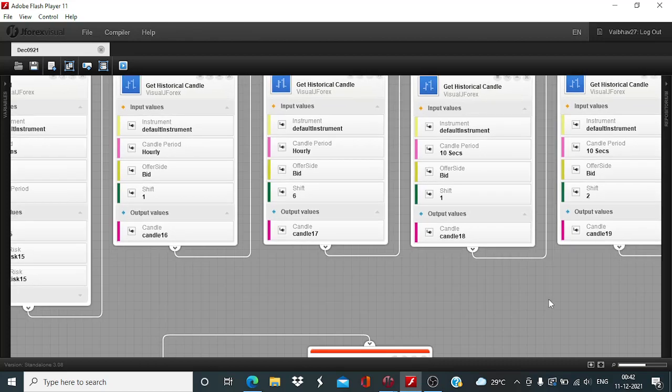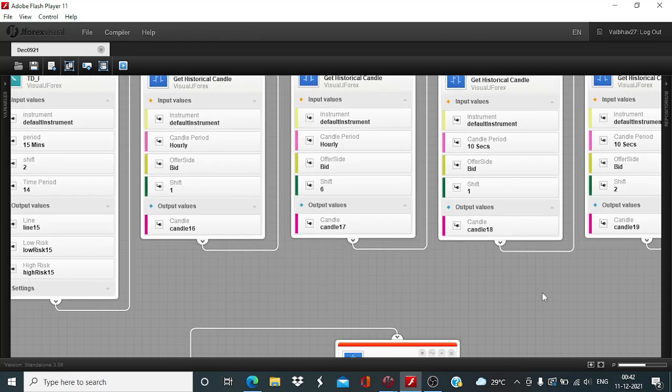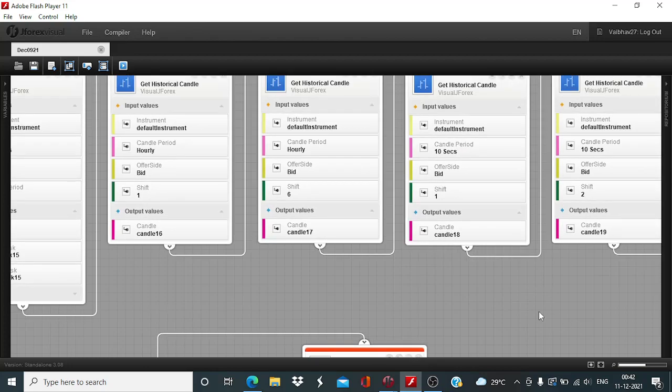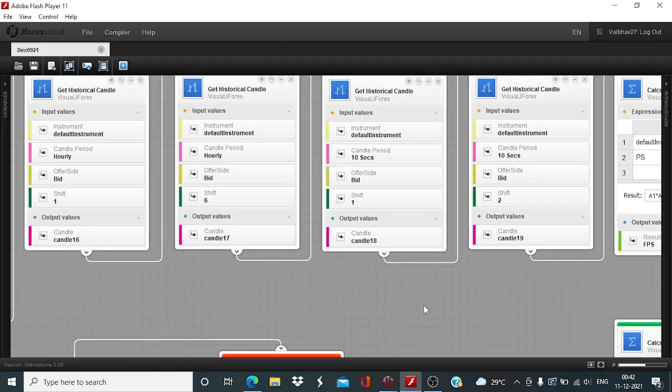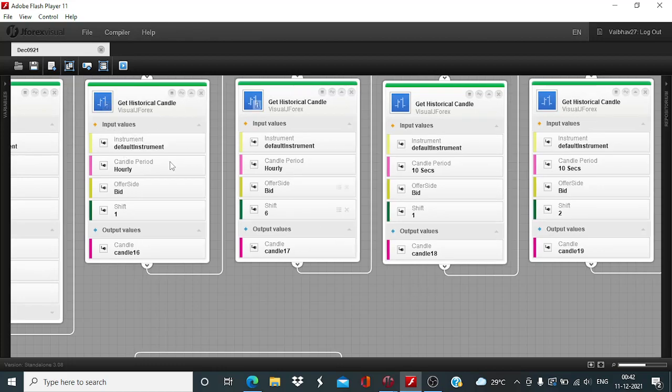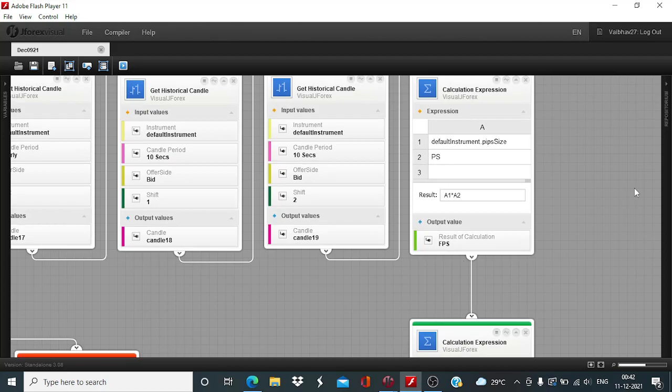As soon as price starts to move higher compared to the last 15-minute block, I think here we will need to add one more get historical candle block of the 15-minute candle period, as we don't really have any block of the get historical candle with a candle period of 15 minutes. So I will add one more.